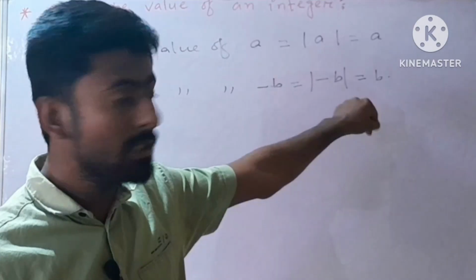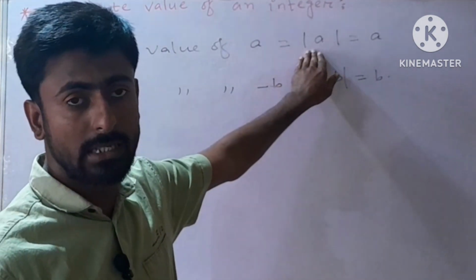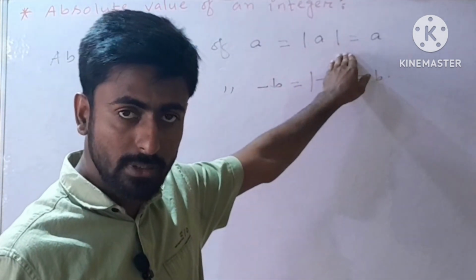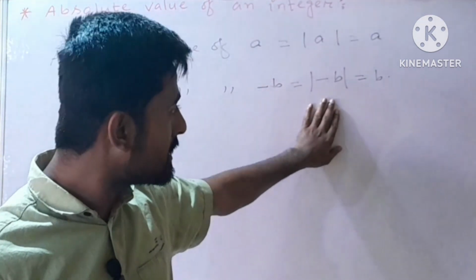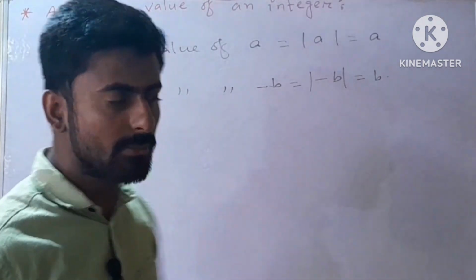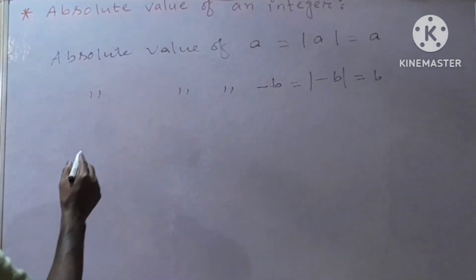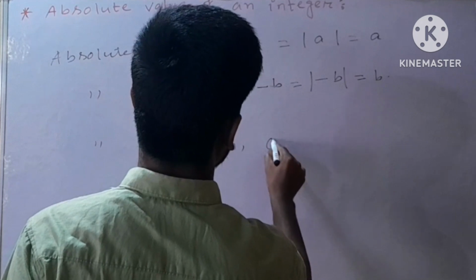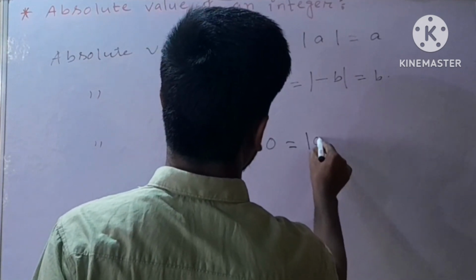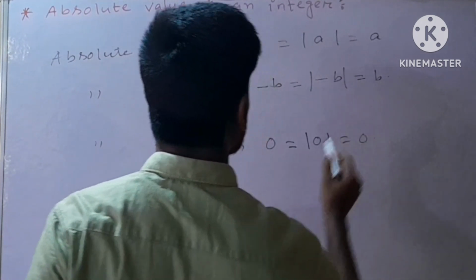That means if there is no minus sign in the modulus, the result will be positive. And if there is a negative sign inside the modulus, then the result will also be positive. Now, the absolute value of 0: modulus of 0 equals 0.